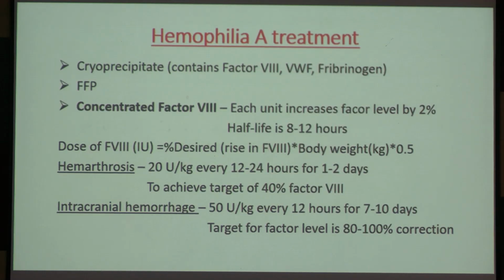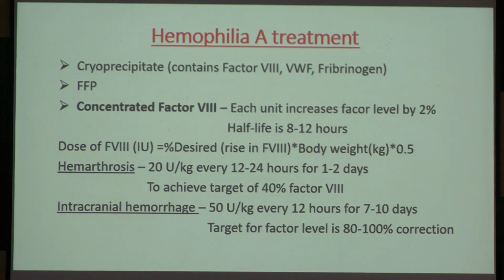Definitive treatment for hemophilia A is concentrated factor 8. The dose: the desired rise we want in factor 8 level is the difference between the optimum level of factor 8 and the level of factor 8 in patients of hemophilia, multiplied by body weight multiplied by 0.5.